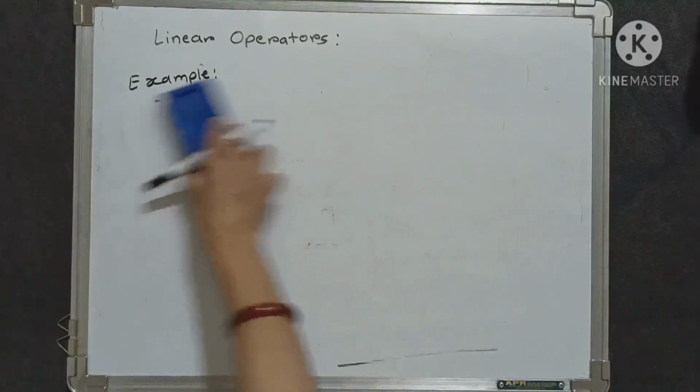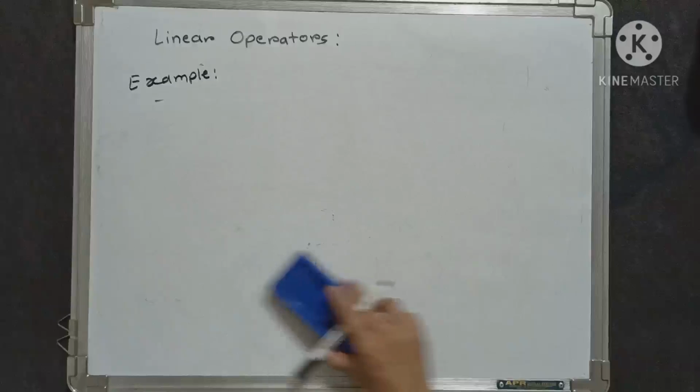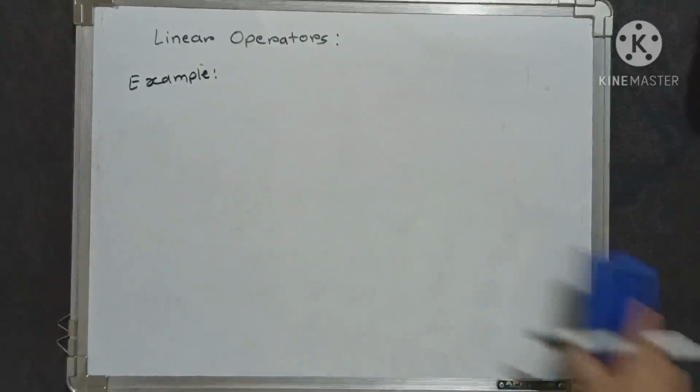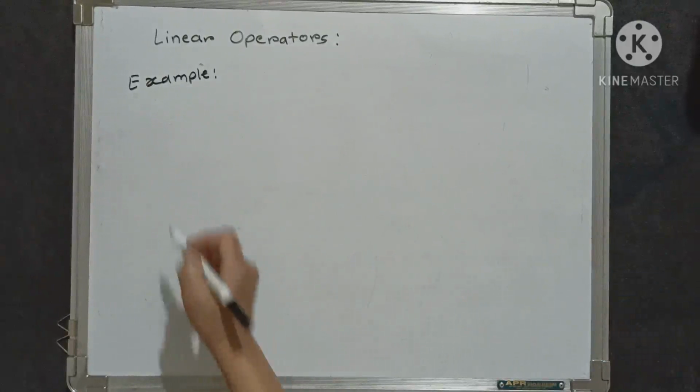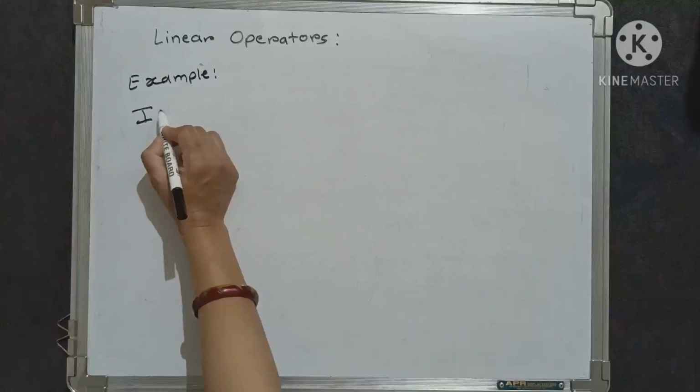Now after the example of a linear operator, that is the zero operator, we take another example, that is the identity operator.